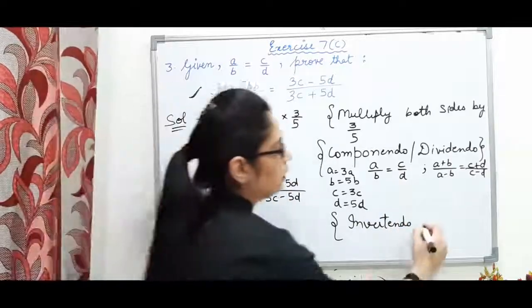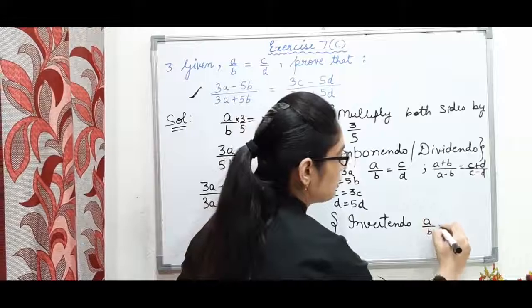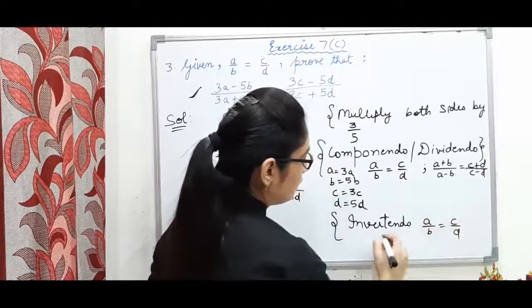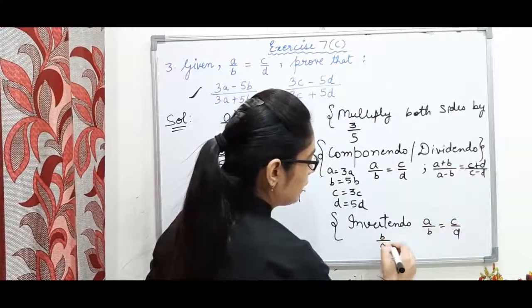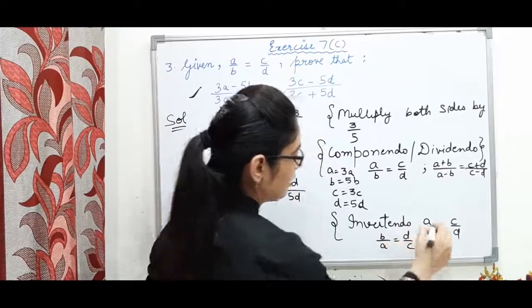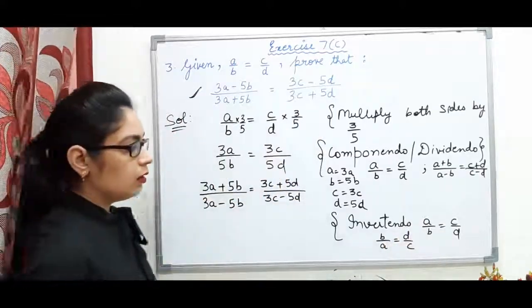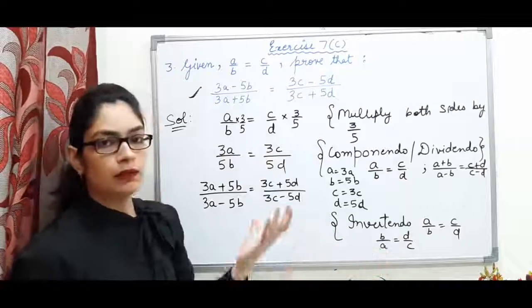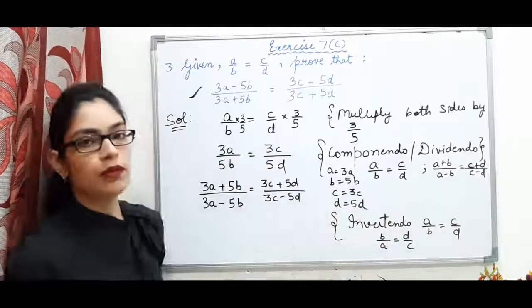According to invertendo, if a/b = c/d, then b/a = d/c, the reciprocal of both the sides. Invert means upside down, so we have done the reciprocal.